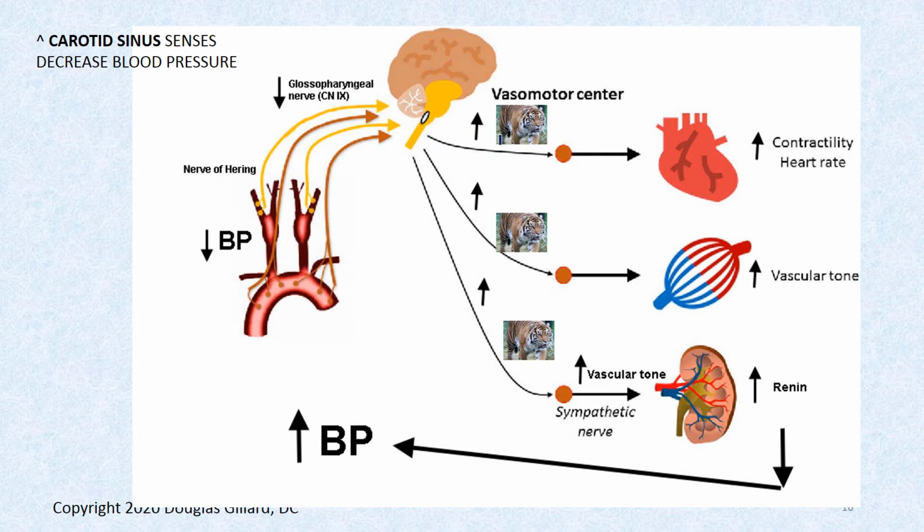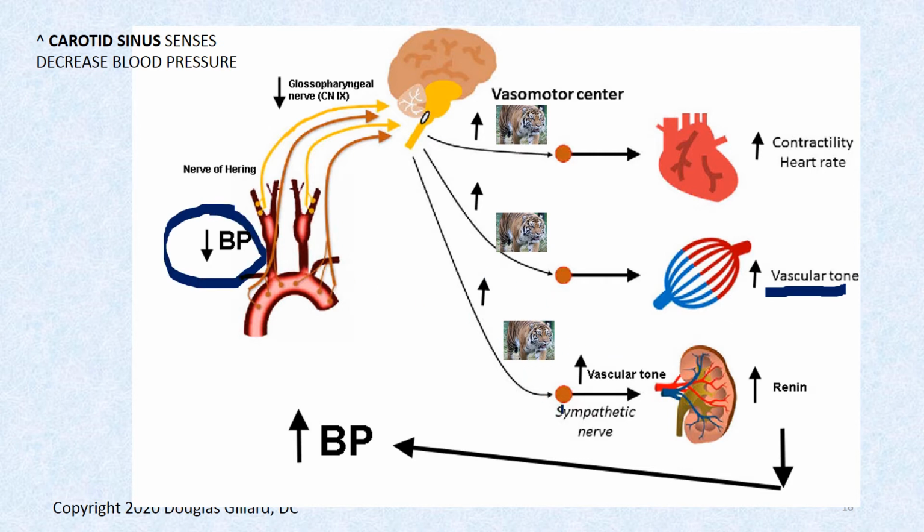And remember the main functions of the tiger. It goes into the heart and it goes into the SA node and causes it to beat faster. It goes into the AV node and slows down decremental conduction, turns that off. It goes into the myocardial sites of the heart and causes them to beat more powerfully. It goes to the arterioles and venules and causes them to contract. And you have increased vascular tone, you could say. The smooth muscle is contracted, which boosts blood pressure. Right? The goal is to fix this problem right here.